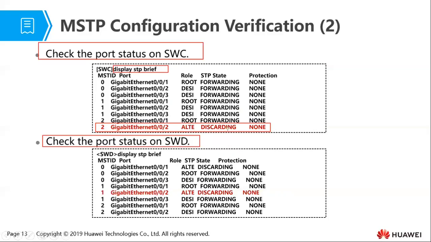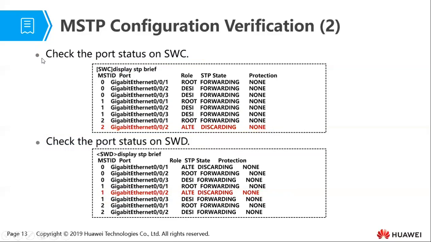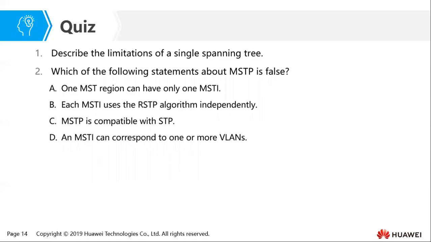It's an alternate port and it's discarding. On the other hand, for switch D, this one again, 2, is discarding because we increased the cost. So generally, that is how MSTP operates, by building multiple spanning trees.